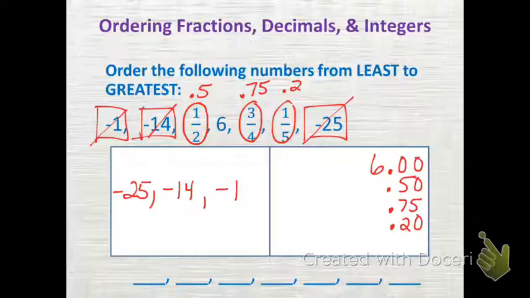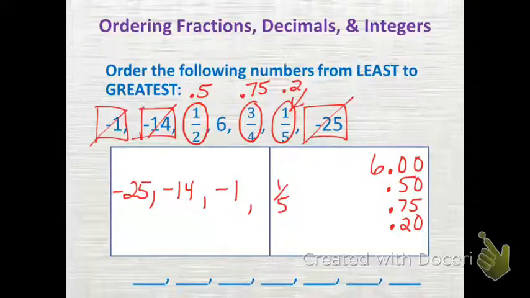Now, if we look at those, we're in positives, right? So since we're going least to greatest, which one of those is the smallest? 0.2. But we can't write it as 0.2. We have to write it as the fraction they gave us. So our next number is 1/5. You see where I'm getting it from? Okay.